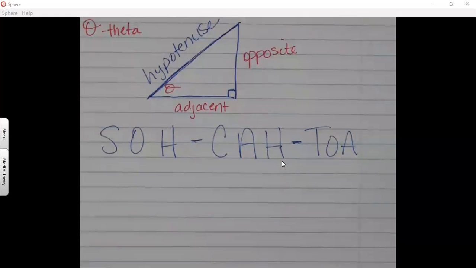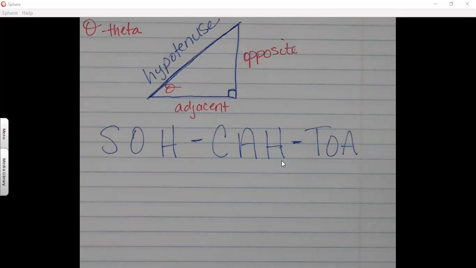So SOHCAHTOA is what I use to help me remember how to find sine, cosine, and tangent of an angle, right? That sound familiar? Okay, so the SOH part is used to help you find the sine of an angle. So the S, guess what the S stands for?